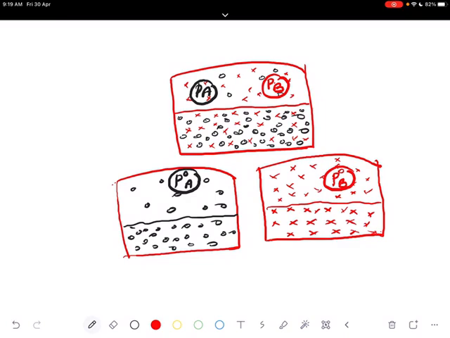That is the vapor pressure of each component in the mixture. We know that PA plus PB is equal to P total.